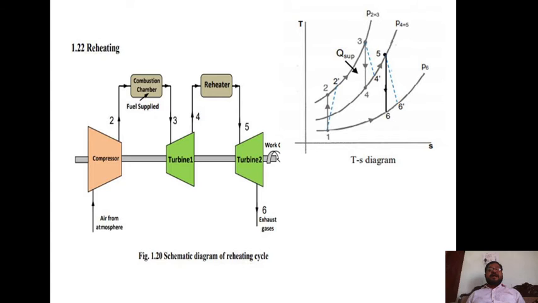After that, we heat it by supplying some fuel to the reheater. Reheater means it is also a combustion chamber. Only the thing is, it already has some temperature and pressure. It is not completely like the inlet air, but it has some temperature and pressure.